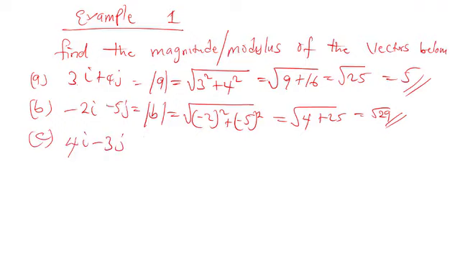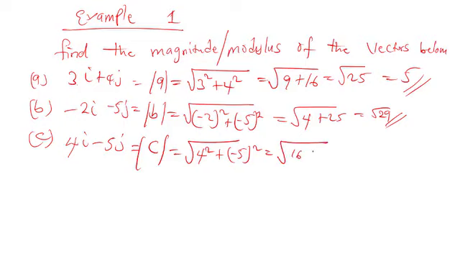So the modulus or magnitude will be equal to the square root of 4 squared plus minus 5 squared, which is 16 plus 25, which is the square root of 41. So this is how to get the magnitude of a given vector.